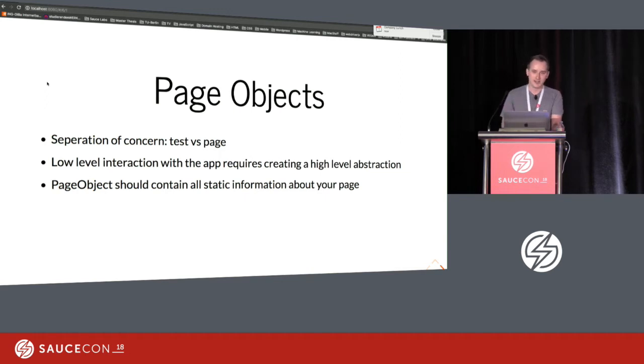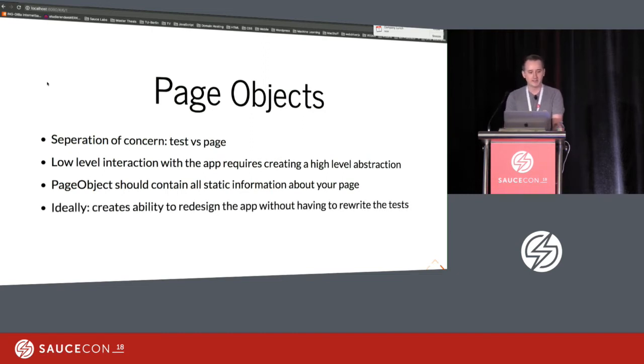That would include selectors and certain methods that give me the opportunity to interact with the page. And ideally, and this is what I always keep in mind when I build page objects, it should be possible that at any given point in time, someone comes and completely redesigns your page. And then in order to make your end-to-end tests work again, you should only touch your page object at the end. And your tests should be fine.